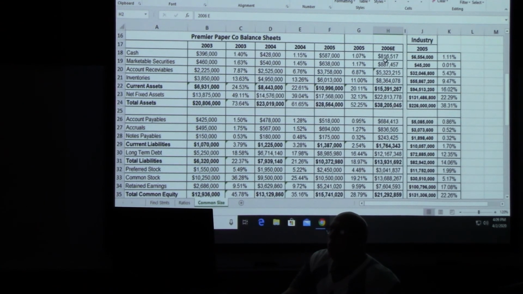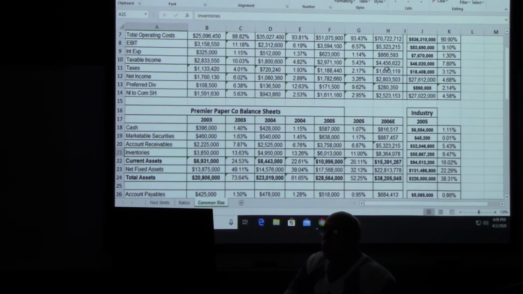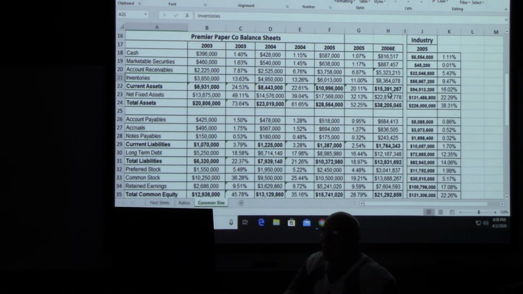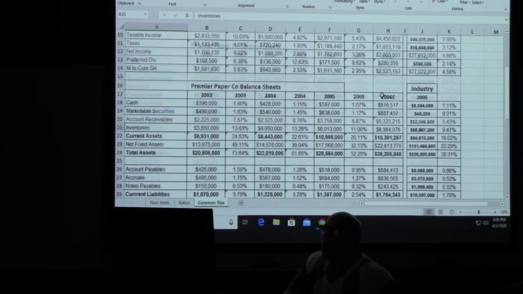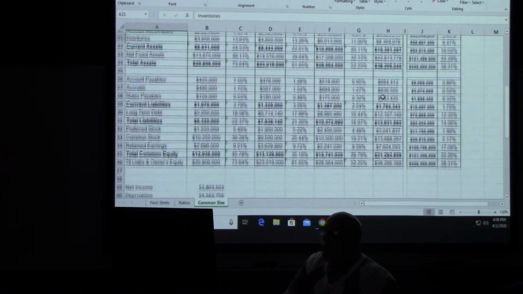If you grow and manage your assets more efficiently, you manage your accounts receivable more efficiently, you manage your inventory more efficiently, you manage your net fixed assets more efficiently, that will enable you to grow your sales without spending as much money, and you will not need as much capital to operate.